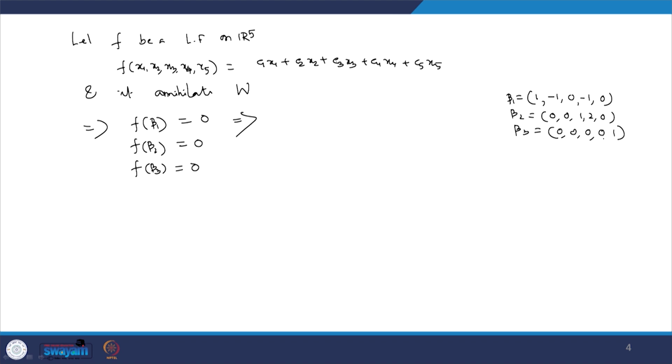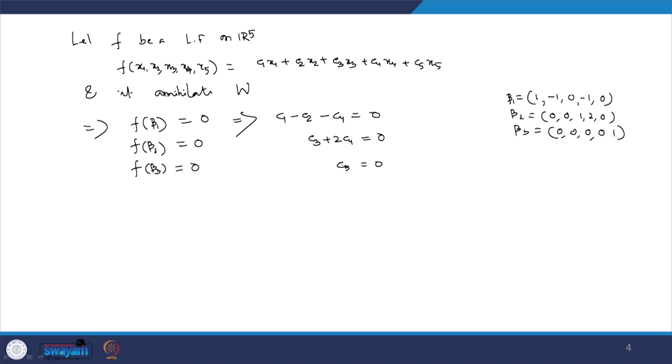So, f of beta 1 will be C1 minus C2 minus C4 equal to 0. This is the first equation. F of beta 2 is equal to 0 means I will have C3 plus 2C4 equal to 0, and f of beta 3 equal to 0 means I will have C5 equal to 0.